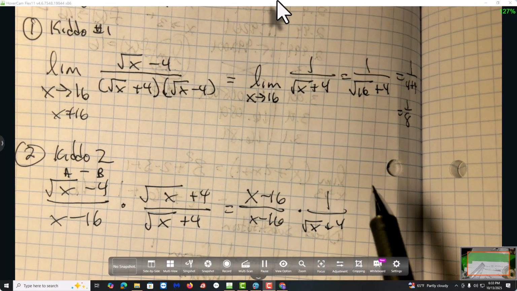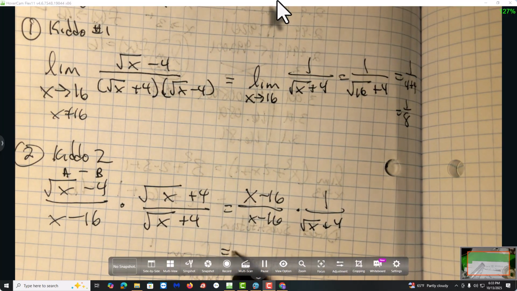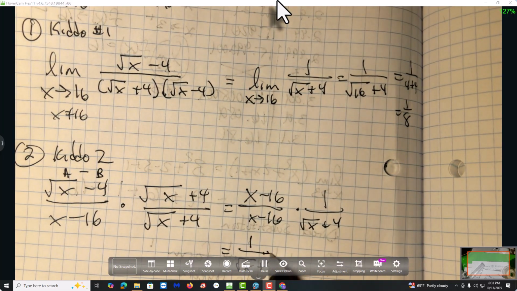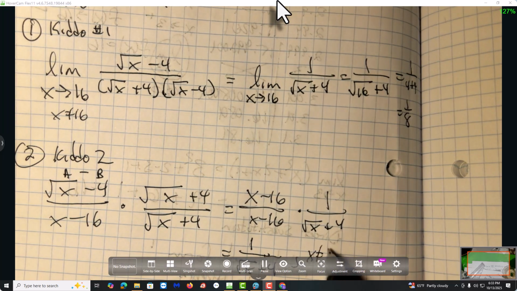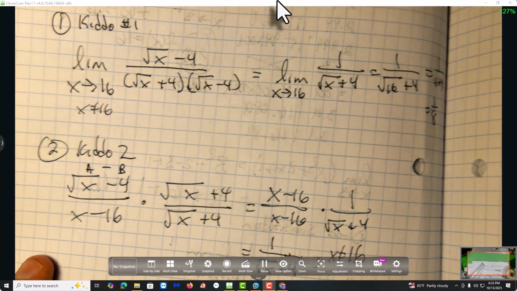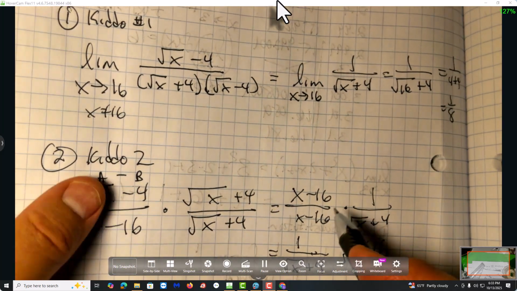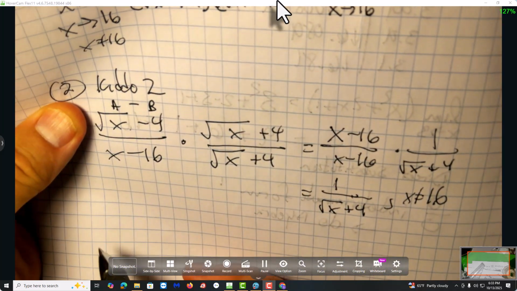Now, notice I'm doing the algebra without the limits. So when I simplify this, I need to put a restriction here. And that restriction is x can never be 16. Why? Because if x is 16, I've just divided by 0. Okay? Now, let's put Humpty Dumpty back together again.